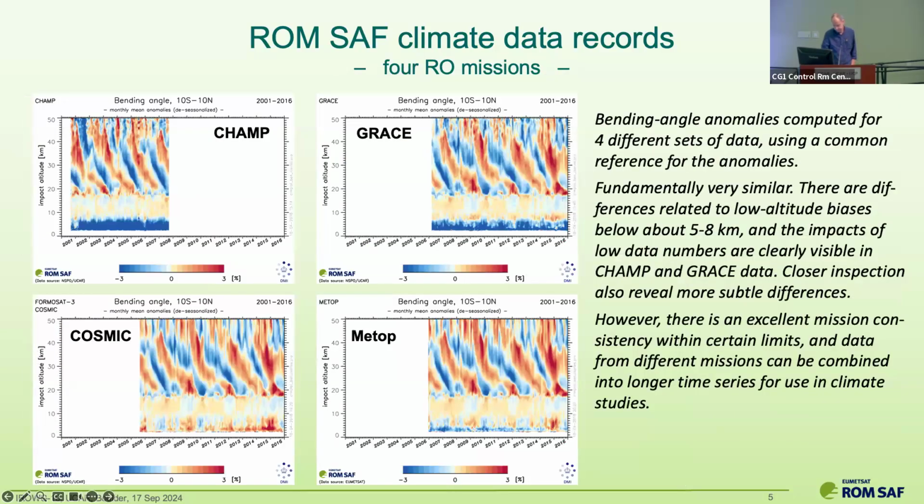All right, so we have these 4 missions, and of course we want to use them combined, put them together into a multi-mission data record to be used for trend calculations and these kinds of things. And we know there is an underlying assumption that we can combine data without doing any intercalibration between missions or between instruments, as they do in the IR or microwave world.